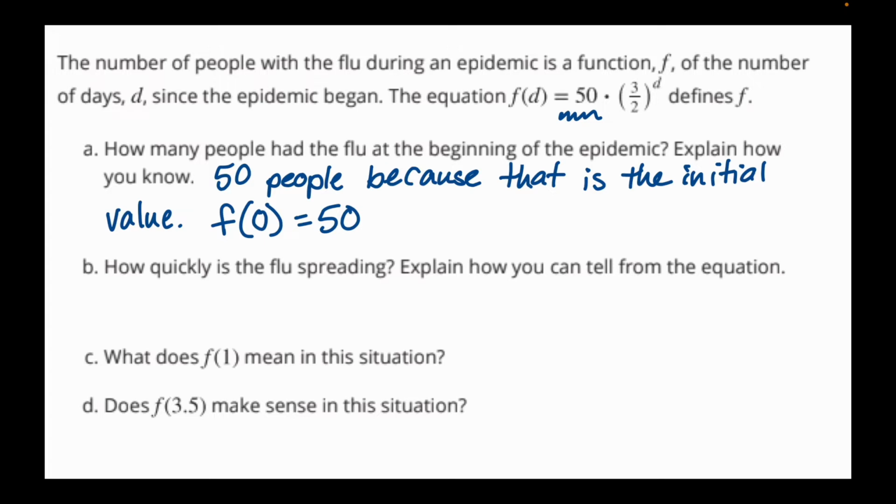So they're asking us to look at our growth factor. The number of people with the flu, how quickly is that spreading? Well, it's 3 over 2, so it's not quite doubling, but each day, 1.5 times the number of people have the flu as the day previous.